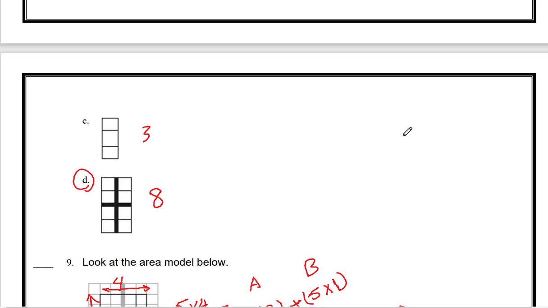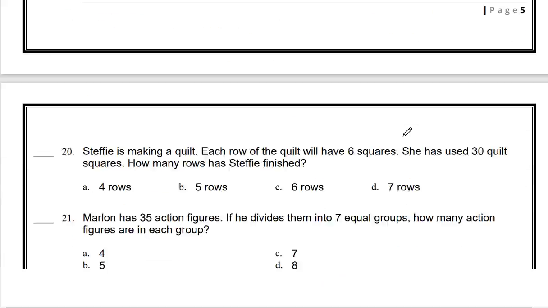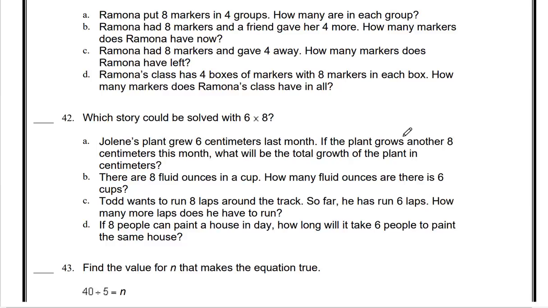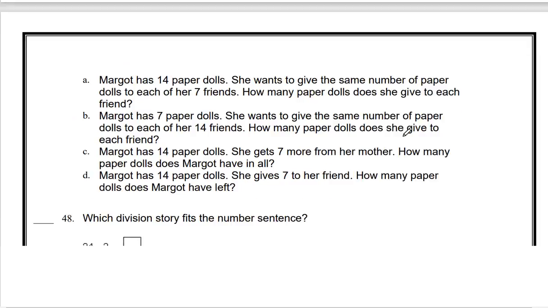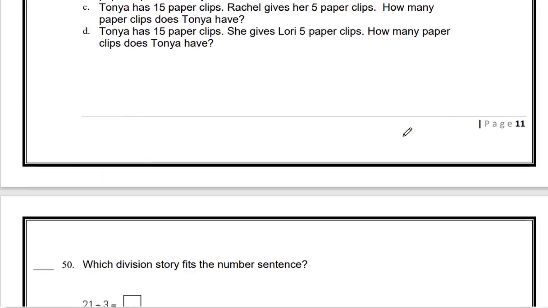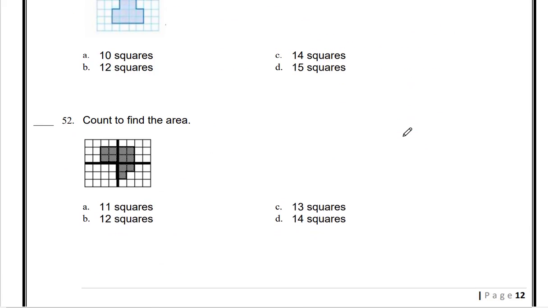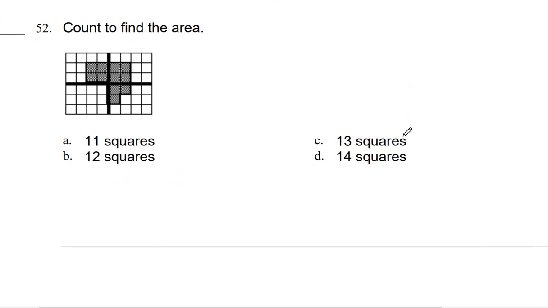Okay, you're asking also about question 52? Yes. Okay, my hero, I will go down for you and I'll see what is question 52. This one, my hero? Count to find the area? Yes.